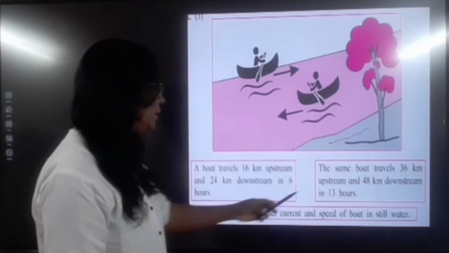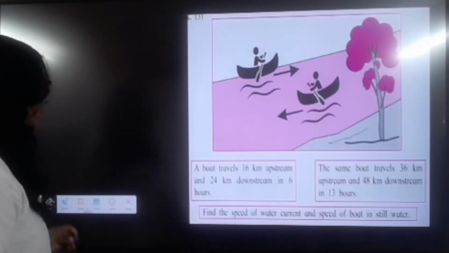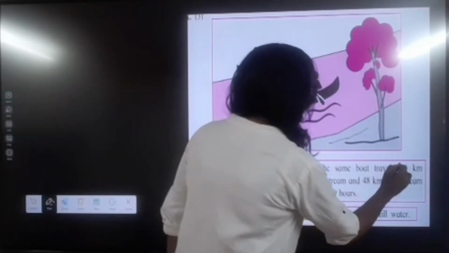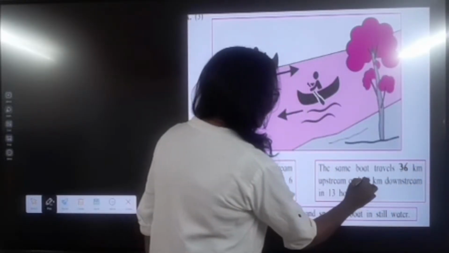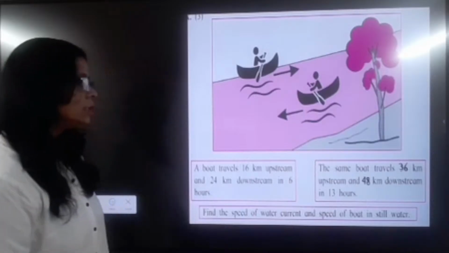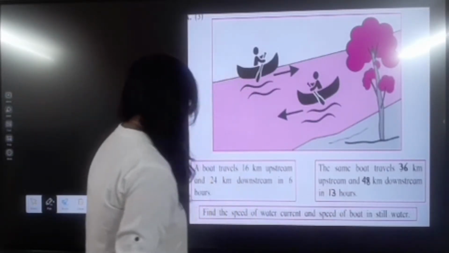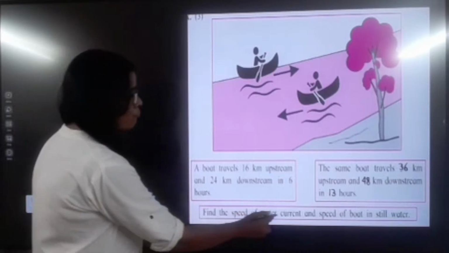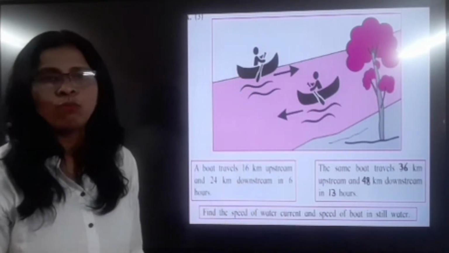And here the same boat travels 36 kilometer upstream and 48 kilometer downstream in 13 hours. So find the speed of water current and speed of boat in still water.